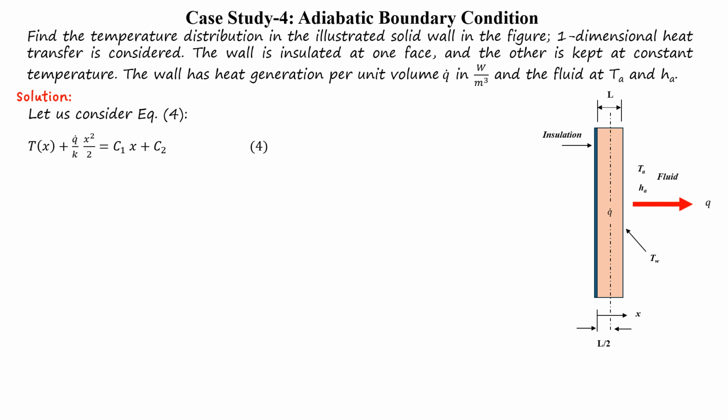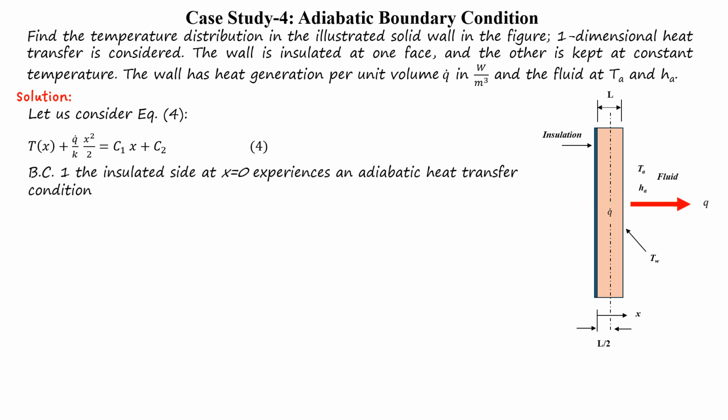T of x plus q dot x squared divided by 2k equal to c1 x plus c2. To solve this equation, we need two boundary conditions. The first one is the insulated wall, minus k A dT/dx equal to 0, and at x equal to 0 we have dT/dx equal to 0. That is a perfect adiabatic surface.